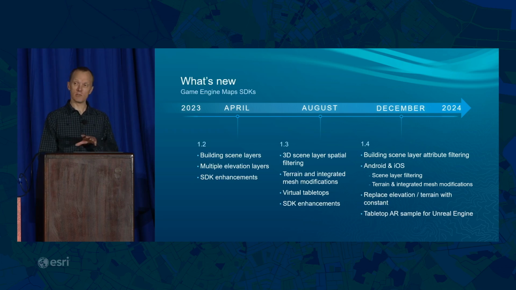And then also the ability to replace elevation, so essentially flatten elevation to a specific value, and then the ability to replace that with other content. And then we matched our tabletop AR support that we released in the previous release in Unity with AR support and a sample in Unreal Engine as well.